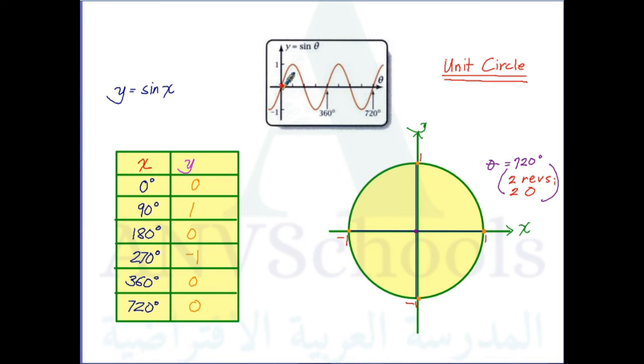If x is 0 degrees, then y is 0. If x is 90, then y is 1. If x is 180, then y is 0. If x is 270, the value of y is negative 1, so it has the minimum now. And 360 is here, and that is defined as one period. If I connect the points together, I will have this curve.